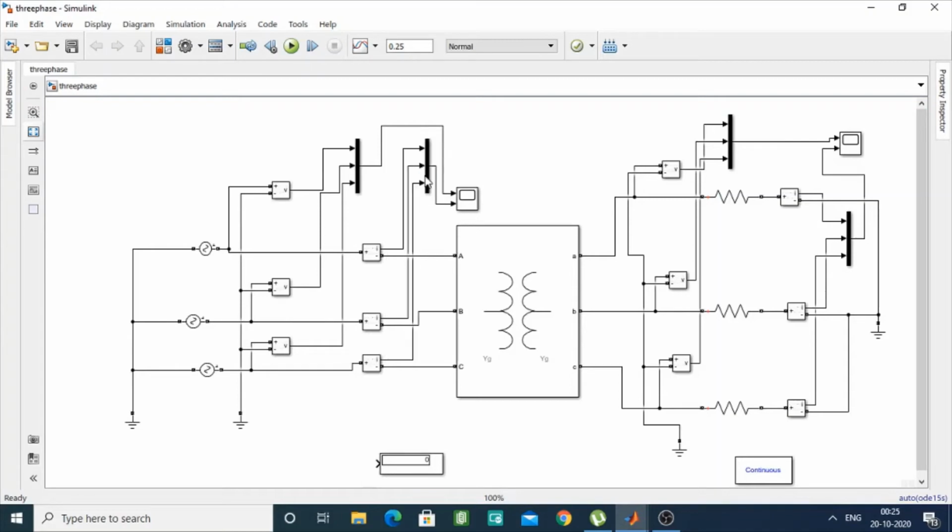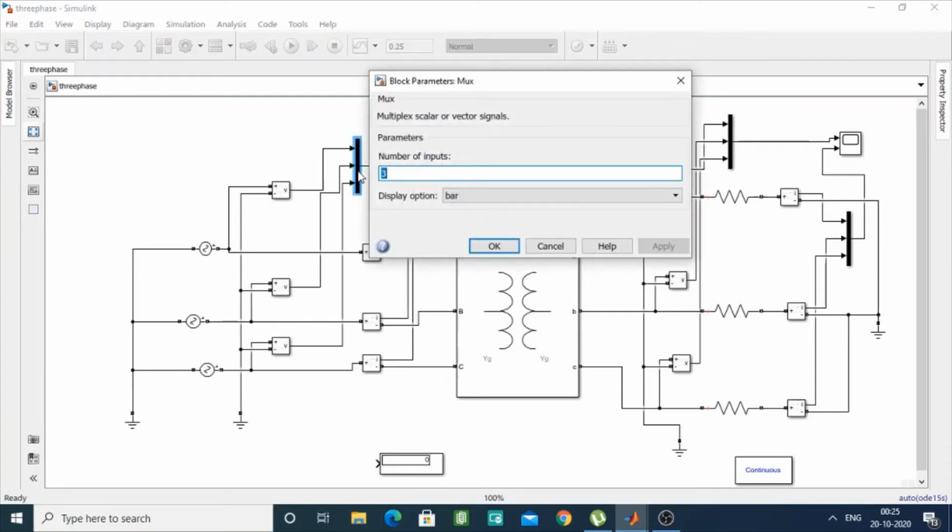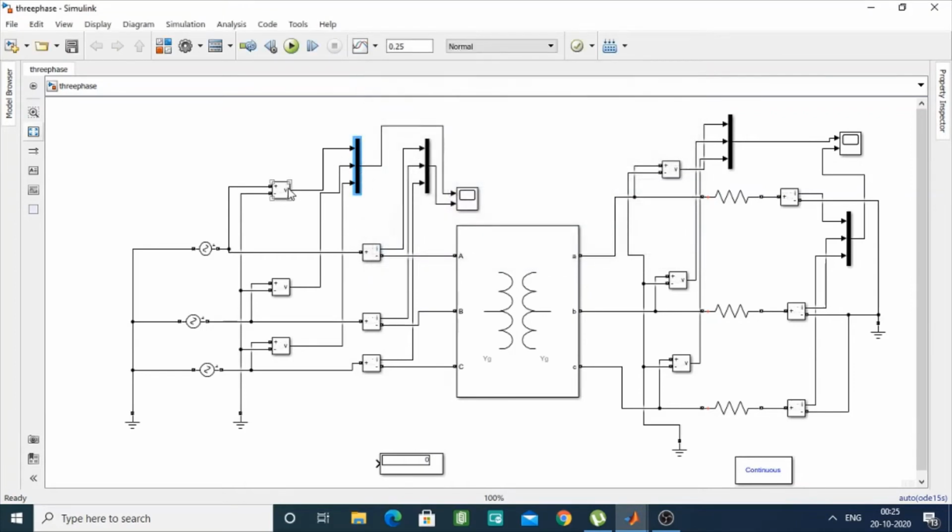So in this MUX, the number of inputs is 3, and the measurements from the voltage measurements are connected to this MUX for the three of the voltage measurements. As you can see, this one goes to this, and this voltage measurement goes to this.